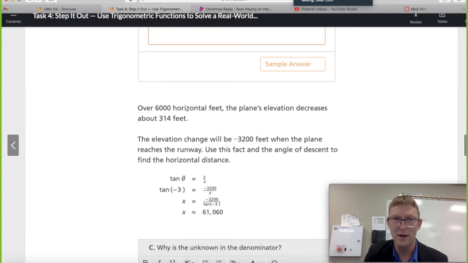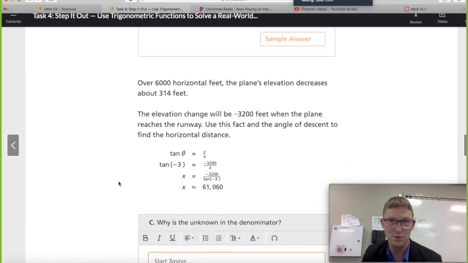So over 6,000 horizontal feet, the plane's elevation decreases by about 314 feet. The elevation change will be negative 3,200 feet when the plane reaches the runway. Use this fact and the angle of descent to find the horizontal distance.